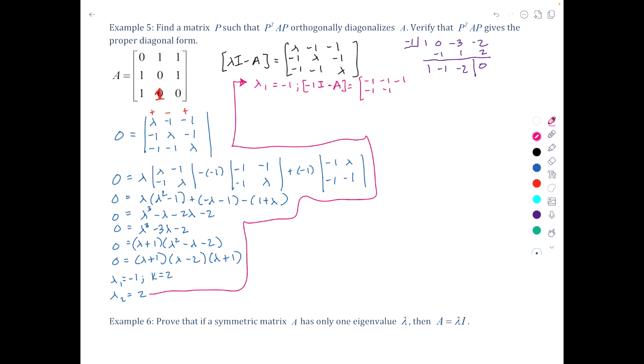So do you see when you row reduce this, you'll get negative 1s across the top and 0s for the other rows, right?